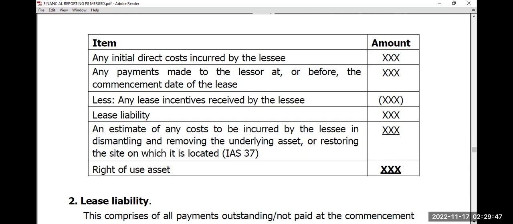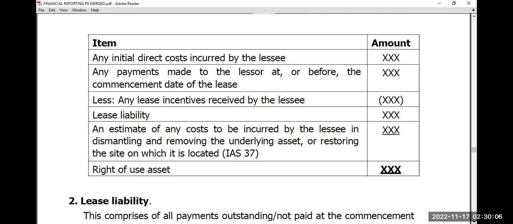If you are going to be making some partial payment, and the other amounts you are going to be submitting at a later date, there are two items at the initial recognition.